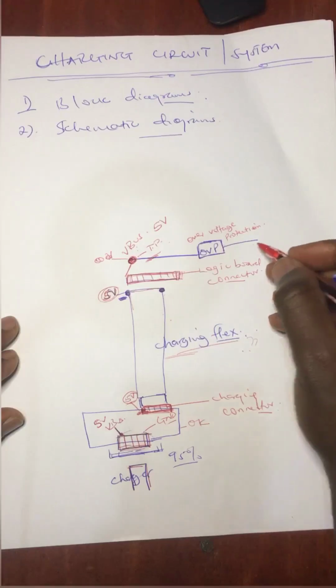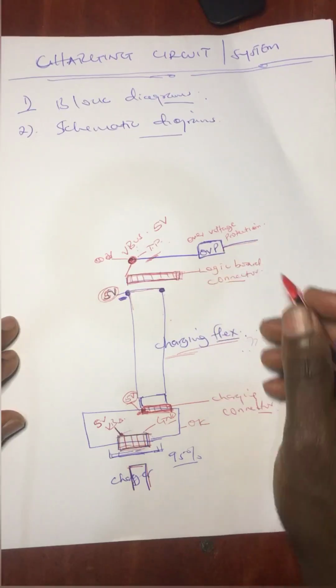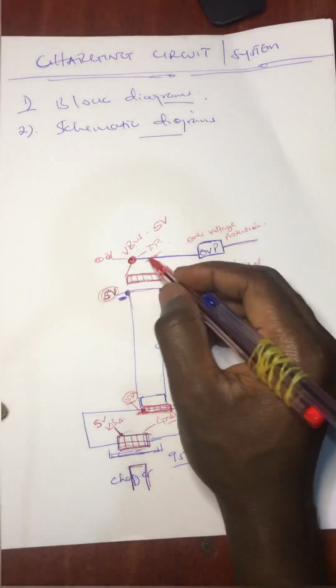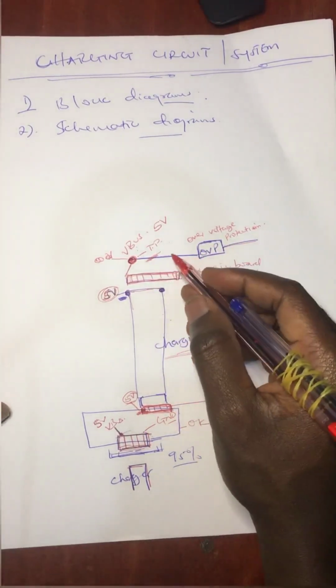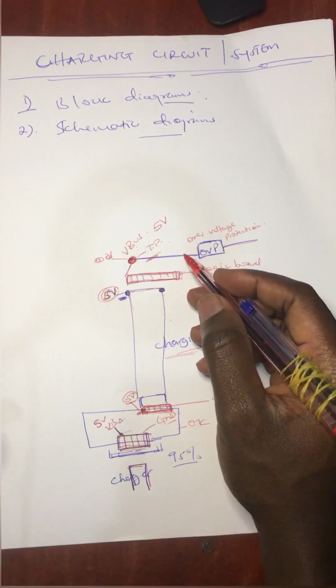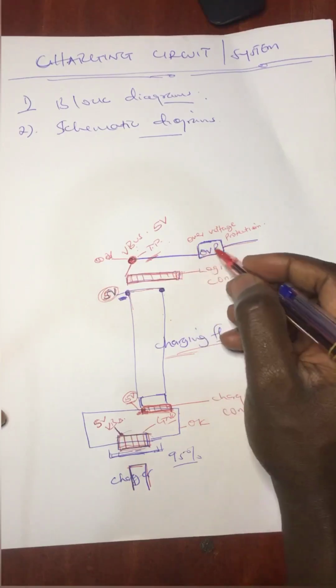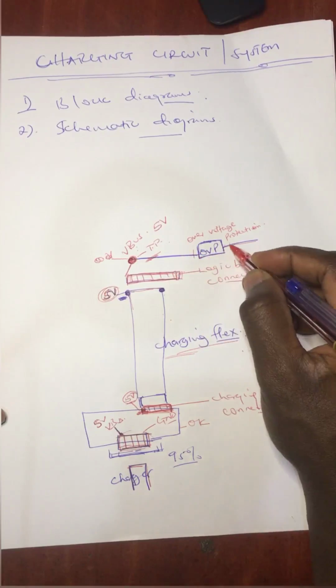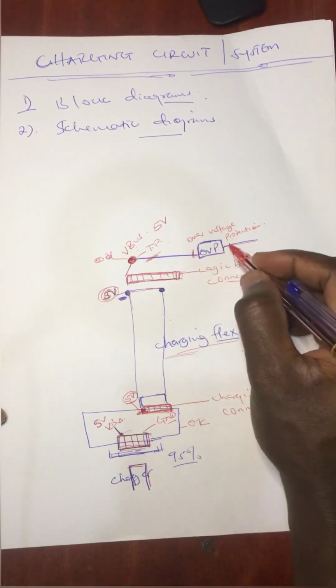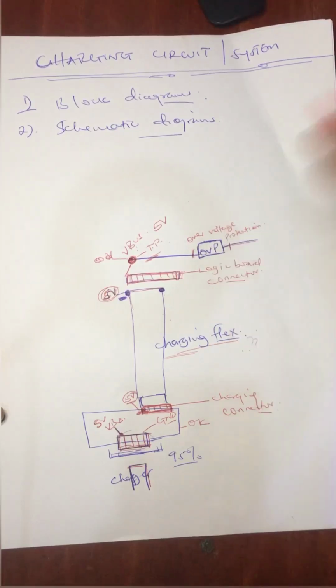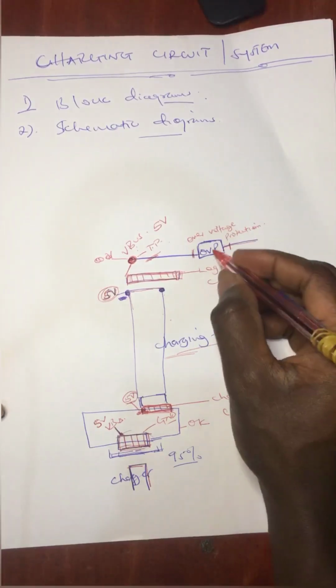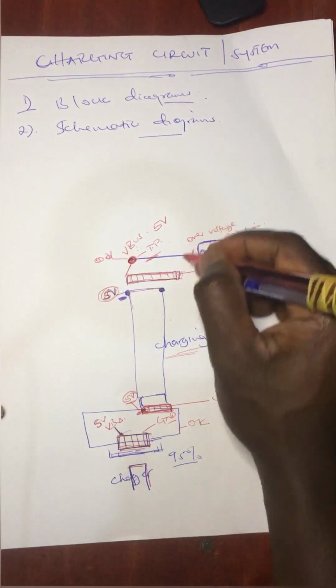The OVP IC, right? So in case you're supposed to charge with 5 volts, but the voltage increases beyond what it can sustain, this circuit is going to break from this IC, and it is going to protect the other part of the motherboard. So that is the use of this IC.